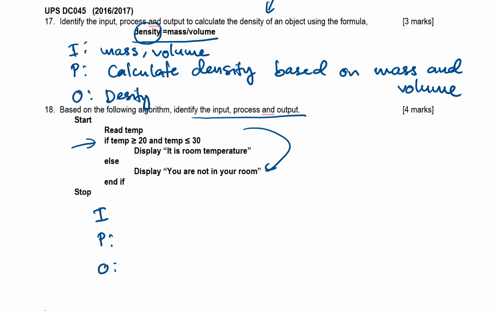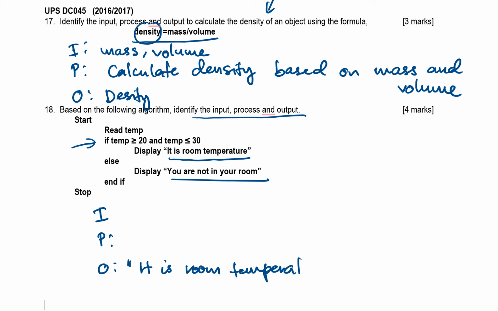Okay, now, what is the output? So the output is, of course, this one. Alright, in double quotes, "room temperature", or "you are not in your room".